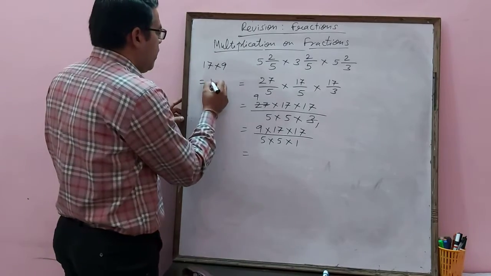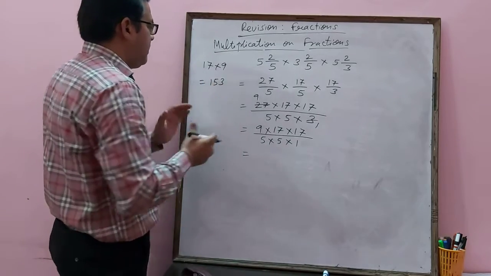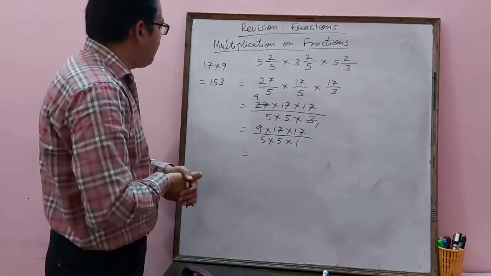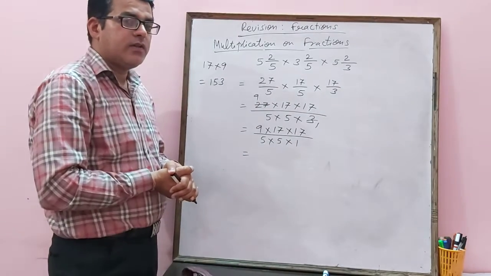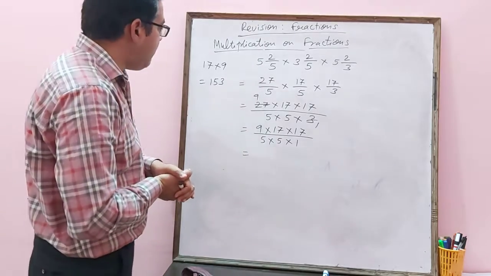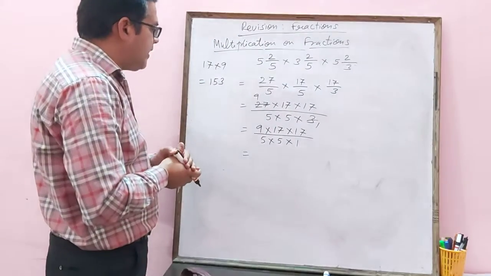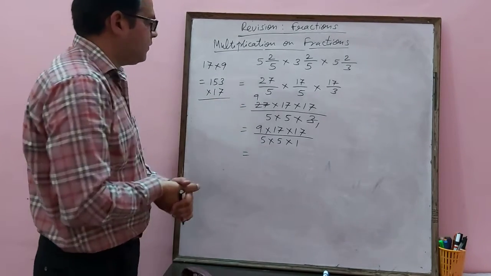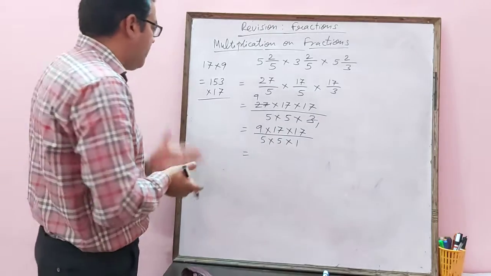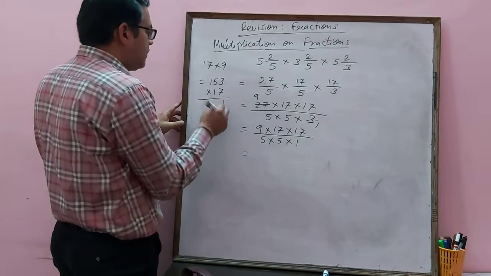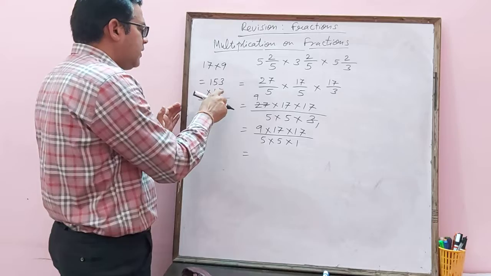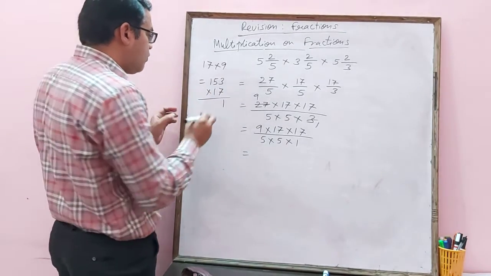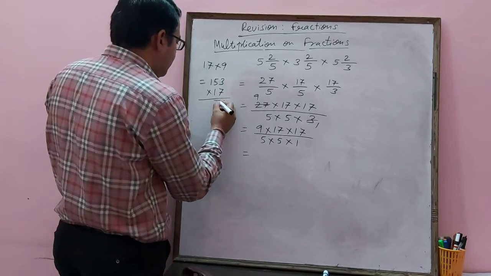It is 153. Right? So 153 is 17 nines. Hope you understand how. Right? And now multiply by 17 again. Multiply it now. 7 3s are 21, carry 2. 7 5s are 35, and 2 since 2 was carried, 37.